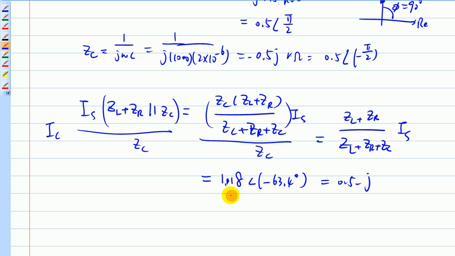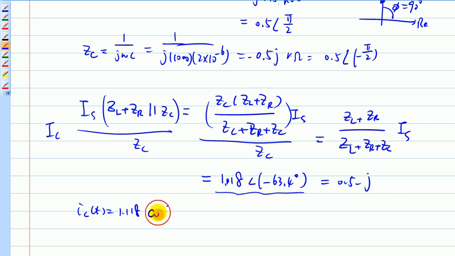Okay, so when you get this one here, now this is a phasor, right? And of course in the time domain, where we have IC(t), basically this is your amplitude, and the sine ωt.